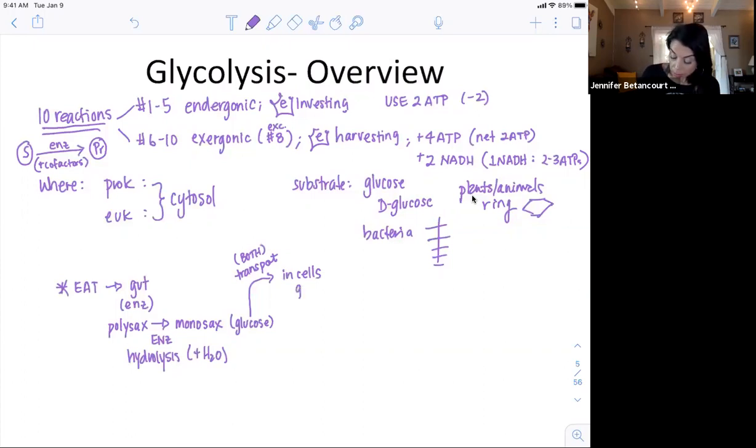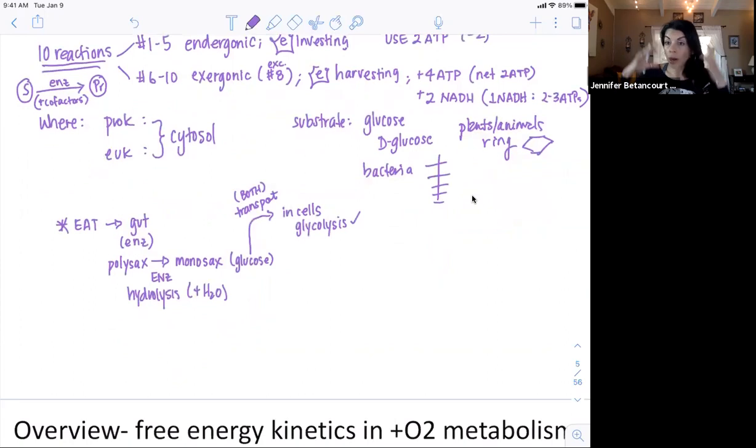Okay, putting it all into perspective. Great. Let's see, anything else? I think that's good. And then once glycolysis is done, all 10 reactions, the final enzymatic product, okay, so whatever substrate number 10 was, got modified into the final product.